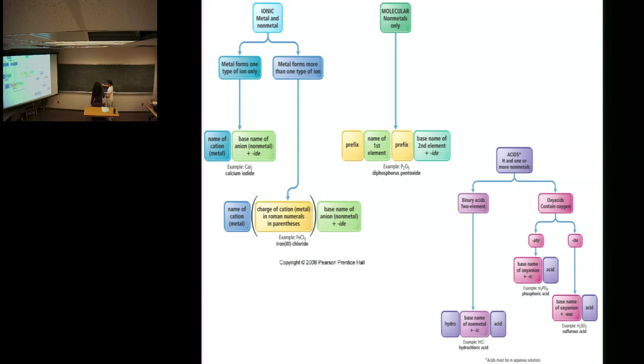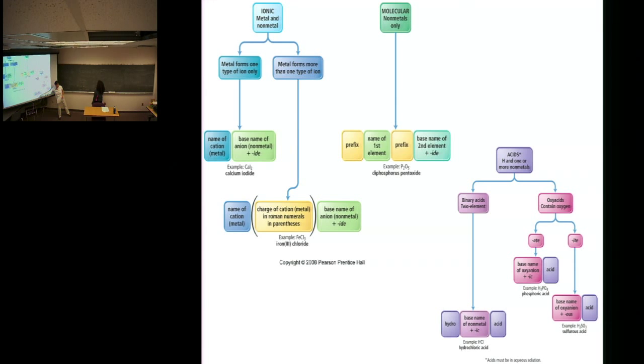Perchlorate. Perchlorate. And what was the rule? Ate goes to ic. So this is perchlorate. It becomes perchloric. No hydro. Okay. Ate goes to ic. It's called perchlorate. So the acid is perchloric. There's no hydro here, right? Hydro goes with the binary.